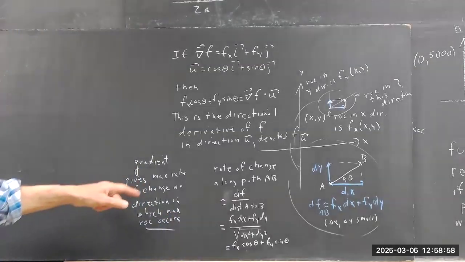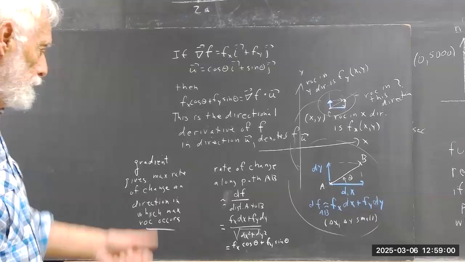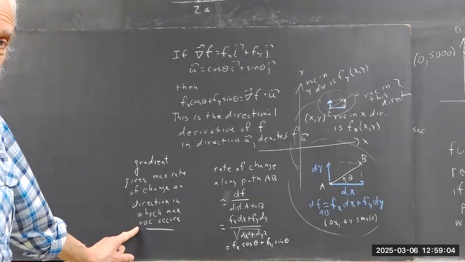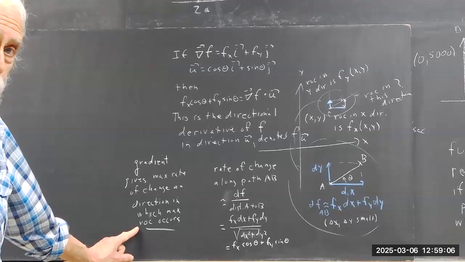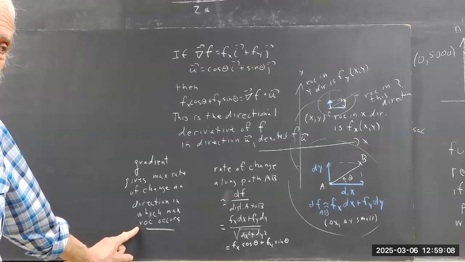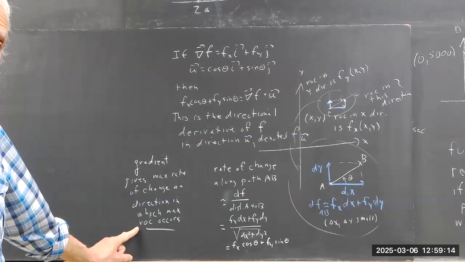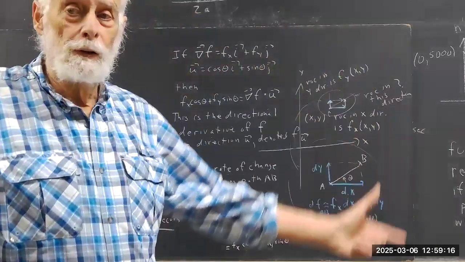The gradient gives the maximum rate of change, and it points in the direction in which the maximum rate of change, ROC, occurs. You could also do this in 3 dimensions. We have a temperature function in this room.